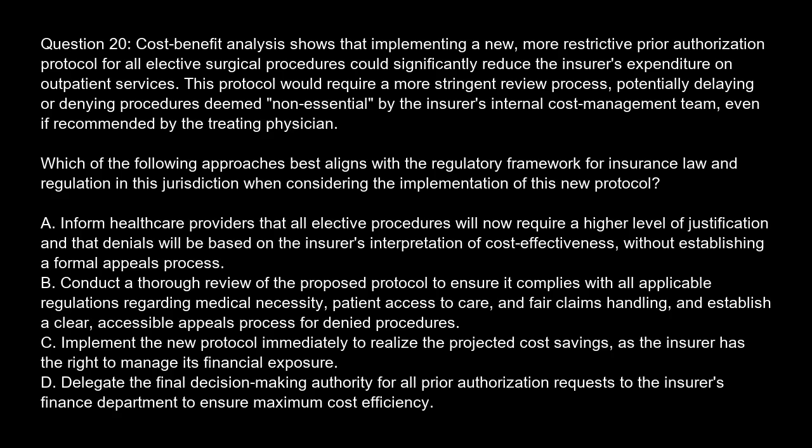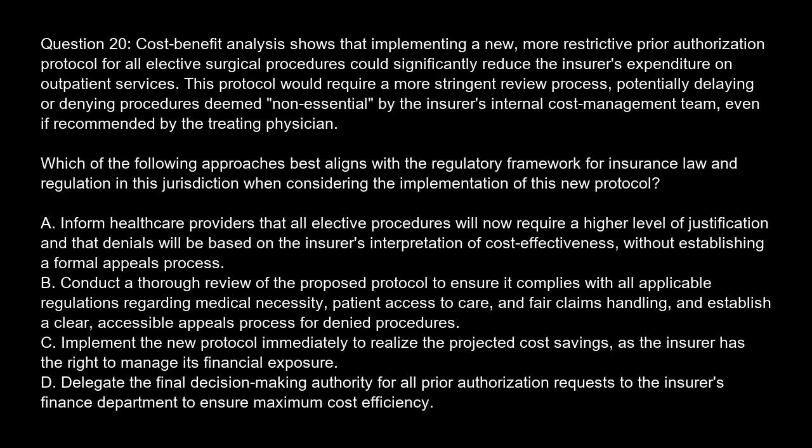Option A. Inform healthcare providers that all elective procedures will now require a higher level of justification and that denials will be based on the insurer's interpretation of cost-effectiveness without establishing a formal appeals process. Option B. Conduct a thorough review of the proposed protocol to ensure it complies with all applicable regulations regarding medical necessity, patient access to care, and fair claims handling, and establish a clear, accessible appeals process for denied procedures.